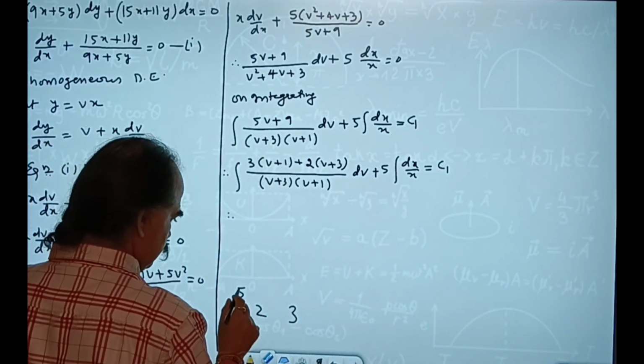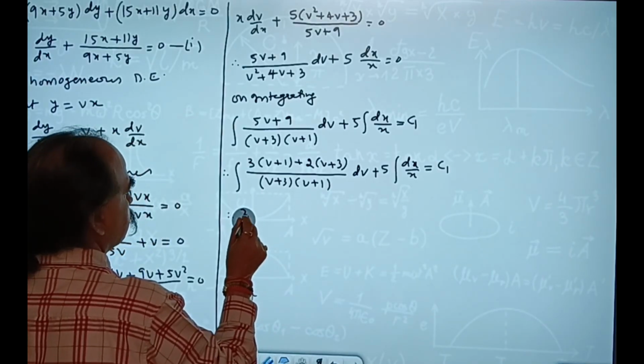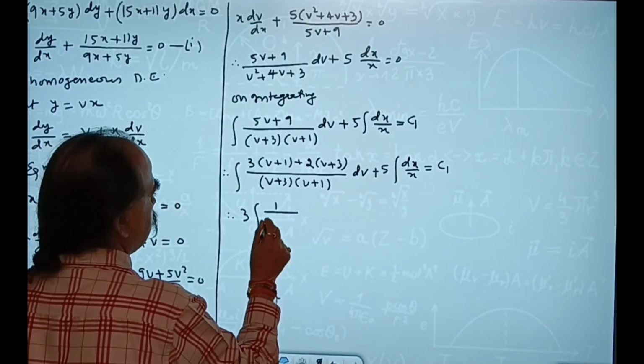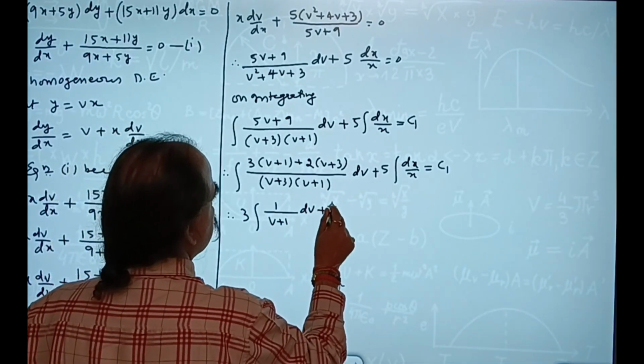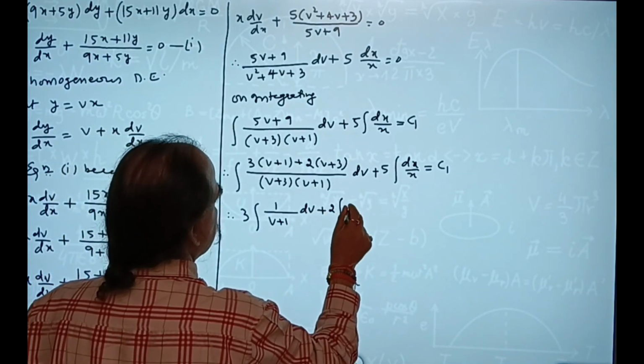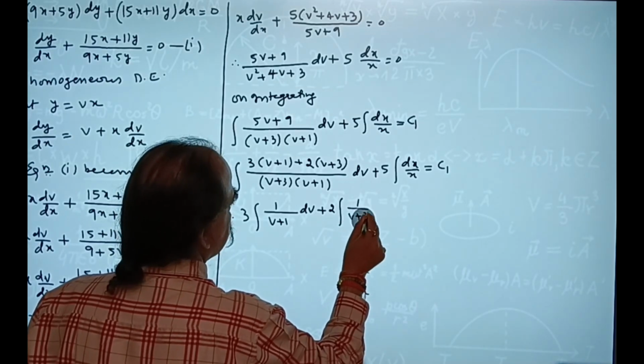separated: 3 into 1 upon v plus 3, plus 2 into 1 upon v plus 1.